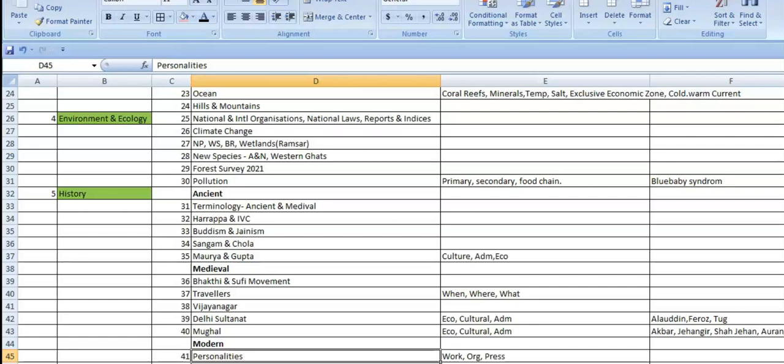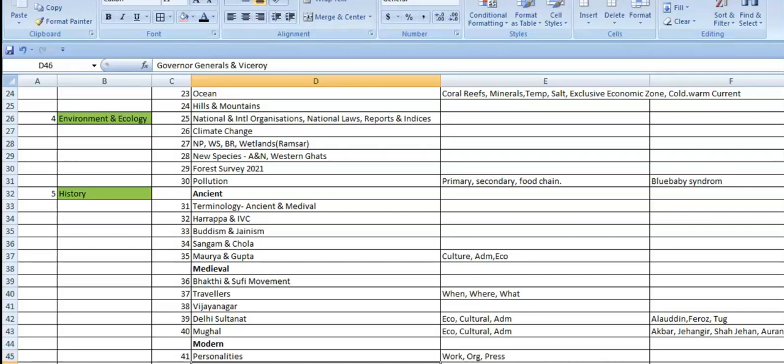What you have to note about them is the works they did, whether literary work, cultural awakening, or social awakening; any organization they were involved with, like the Congress or a Hindu society; and any newspaper they were involved with. So make a list of personalities and note down these three things: their work, their organization, and any press or newspaper they are related to.